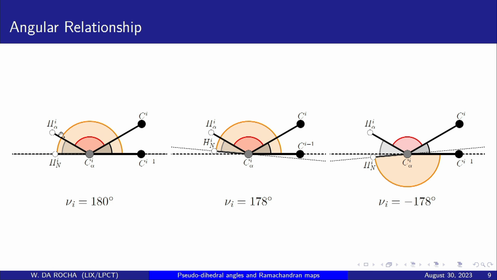Here is the one that I already showed, where this hydrogen atom is in the same plane as the C alpha i-1, the C alpha i, and the N atom that is behind the C atom here. But for those two cases here, I'm considering that there is a small variation in this angle. And we can see that even this small variation, in this case here, will change completely the description of the relationship between those angles. And this is something that we should remark.